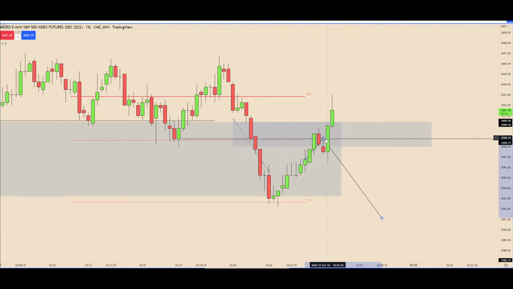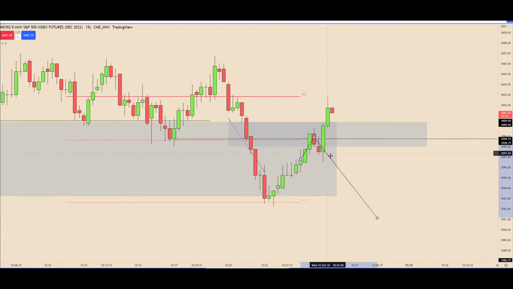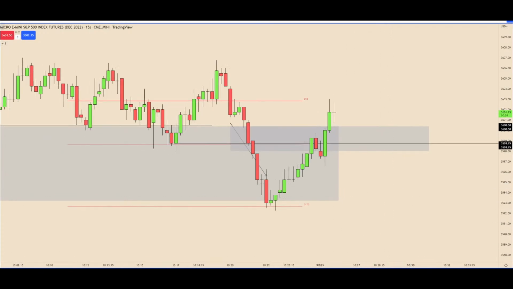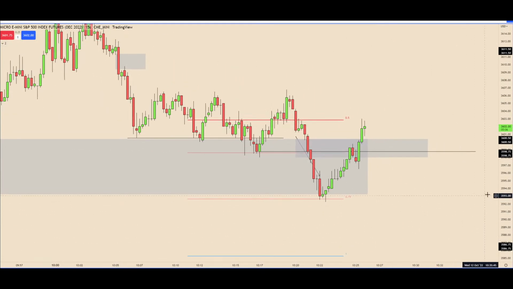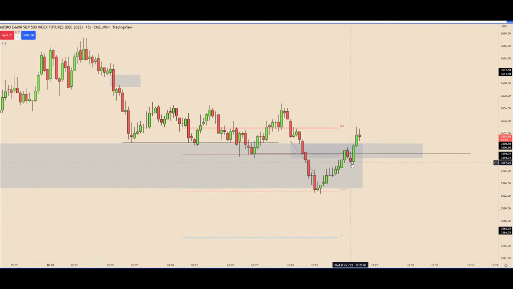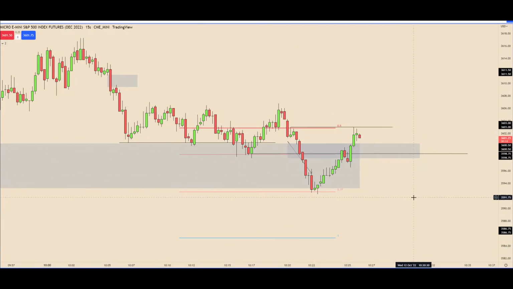We hit this point of interest where I expected us to possibly reverse. Did we get any displacement lower? No, right? So then it goes higher. When you think about things that way, it changes your mindset a lot. And then watch this. Equal highs right there. So where should we go? If we're going to continue this back up, it should drop there and continue higher, or not drop at all.